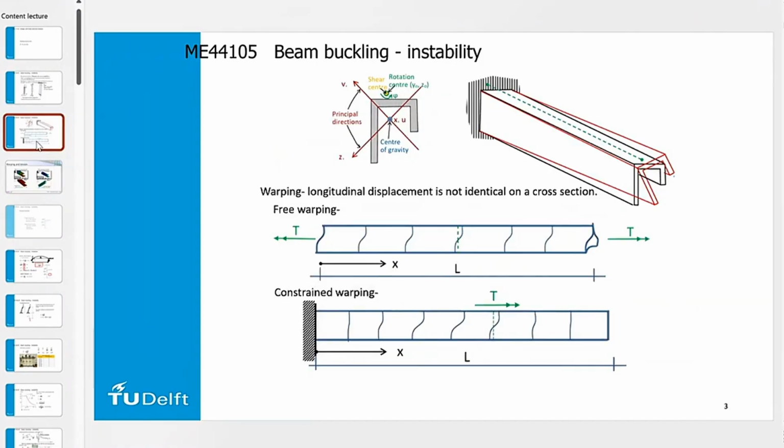We also need to take into account that if we do an FEA model with buckling, it is important to include warping. And what is warping? That's two things. In general, if you have a beam element, the deflection is constant over the length. So if I wait, I'll draw that.